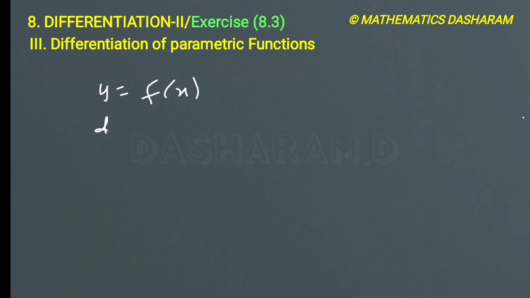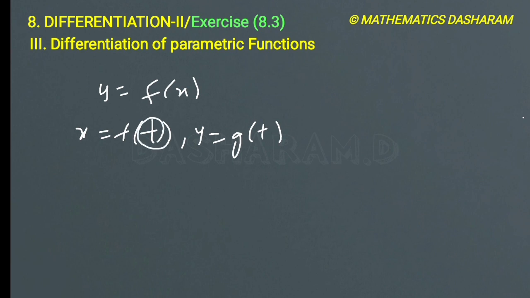But sometimes x equals f of t and y equals g of t, so the two functions depend on a third variable, that is t. In this case dy by dx is not possible to find without eliminating the third variable t.